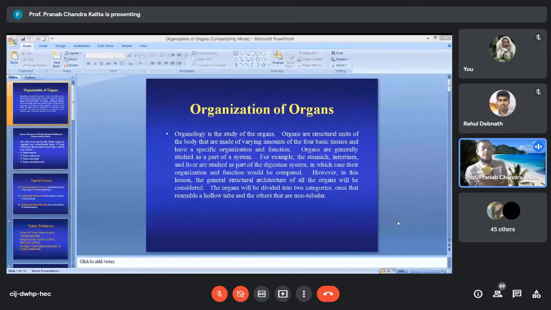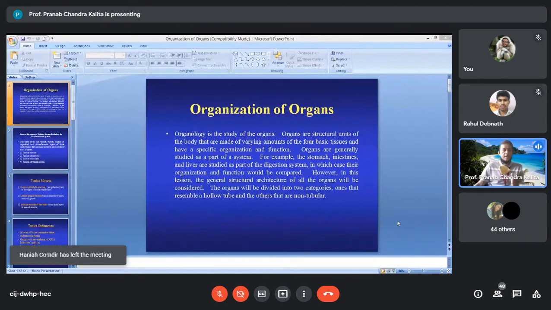So in our common class, in the earlier 4 classes, we have discussed general histology. General histology means that I dealt with the cell, the cytology. Then Dr. Patil dealt with the epithelium. In the next common classes, you will be dealing with the connective tissue, then the muscular tissue and the nervous tissues accordingly.